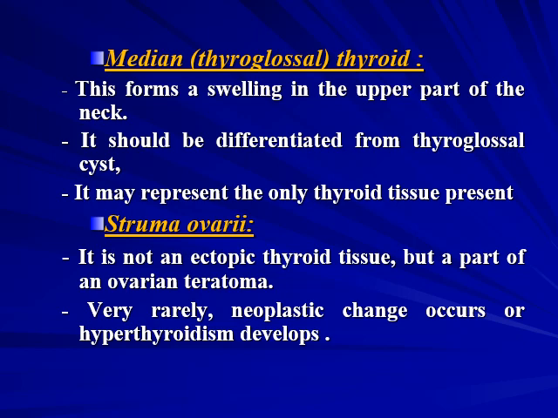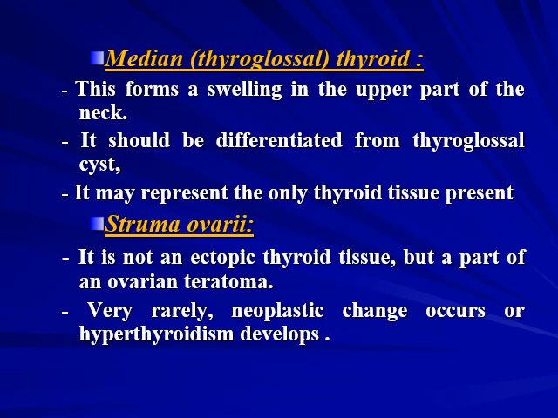So, we have what we call lateral aberrant thyroid. Lateral aberrant thyroid is not an ectopic thyroid tissue. It is a lymph node metastasis from an occult papillary carcinoma. It occurs in young females from 20 to 30 years.